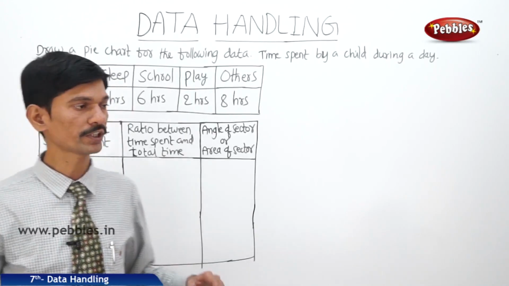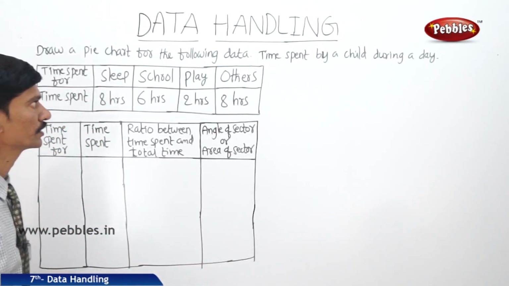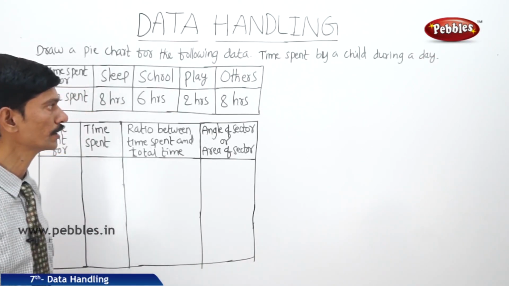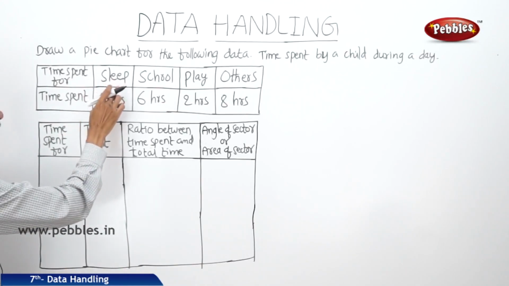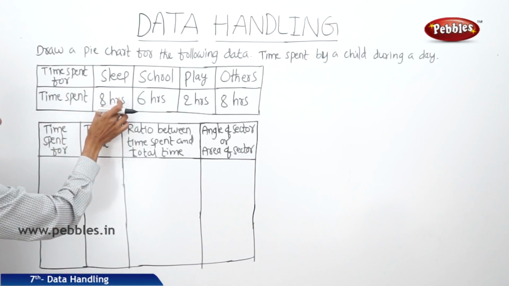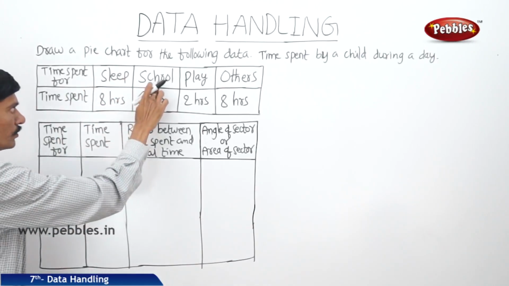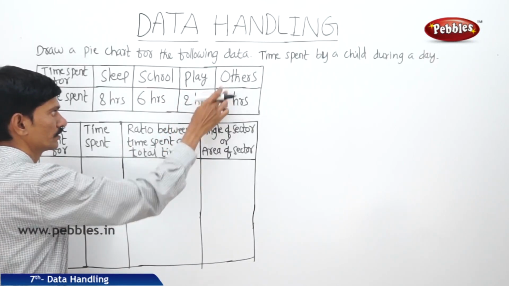Now let us draw a pie chart for the given data. Draw a pie chart for the following data: time spent by a child during a day. The time spent for each thing is given. For sleeping he is spending 8 hours per day, for school 6 hours, for play 2 hours, and for others 8 hours.